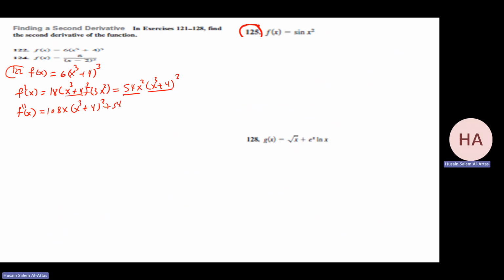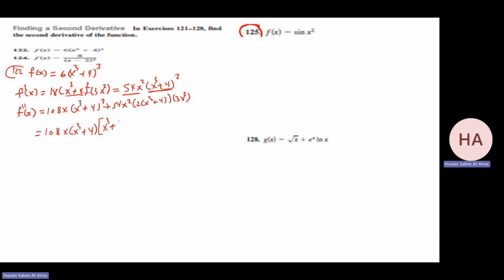Plus 54x squared, derivative of this, which is 2x cubed plus 4 times 3x squared. Okay, I can take x cubed plus 4. This is a common factor. What is the remaining?